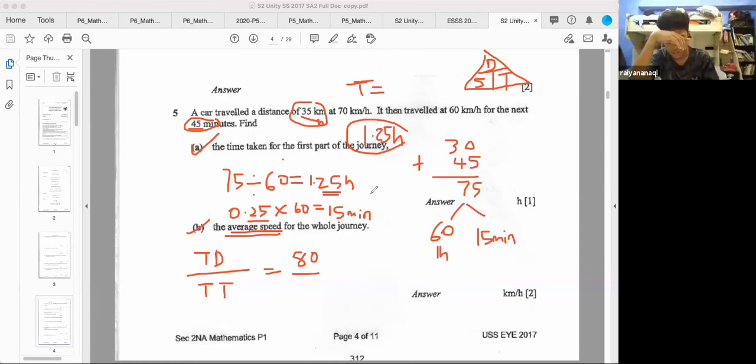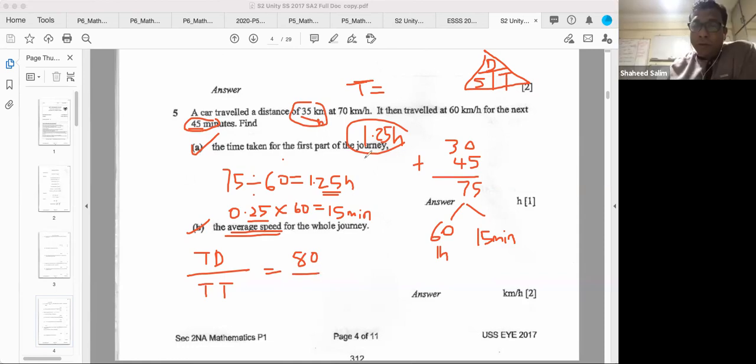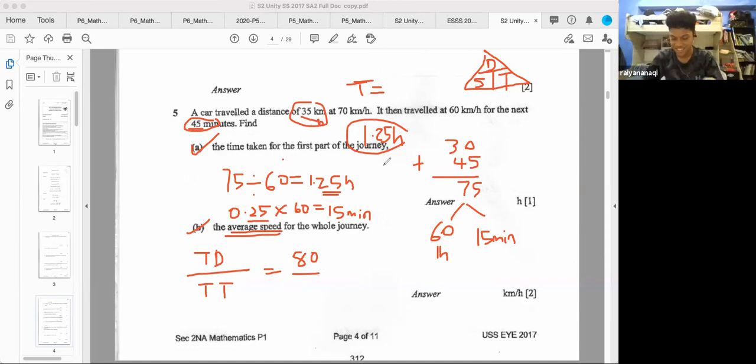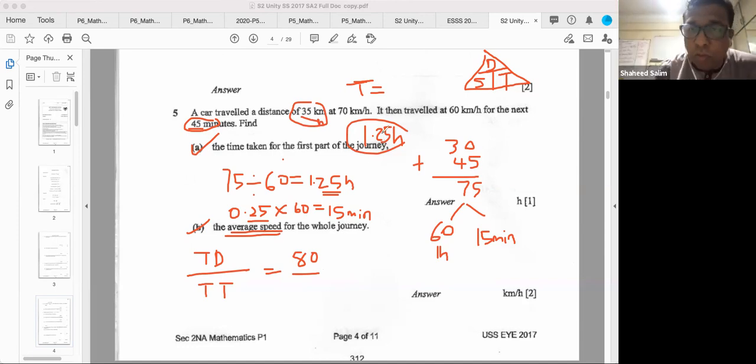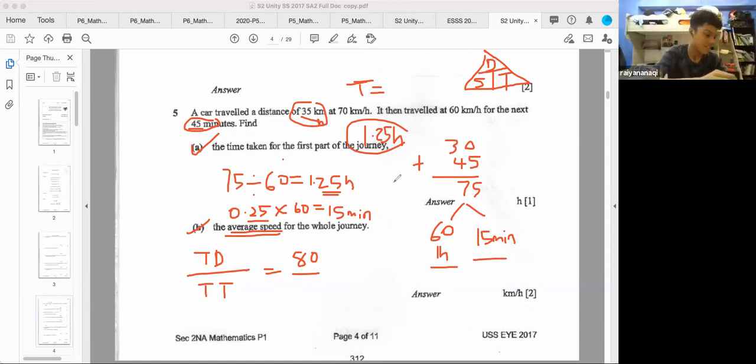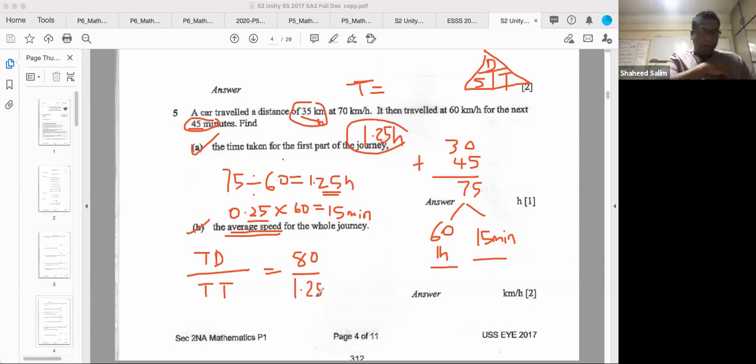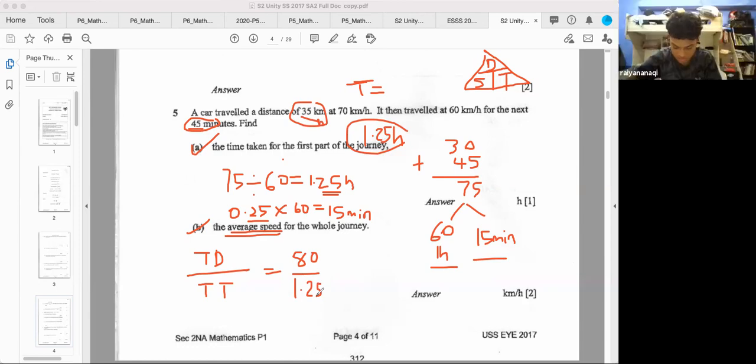Down here, we found out the total time is 1 hour 15 minutes, which is 1.25 hours, not 1 hour 25. But you use 1.25. How do you get 1.9? You added extra. Okay, no problem.